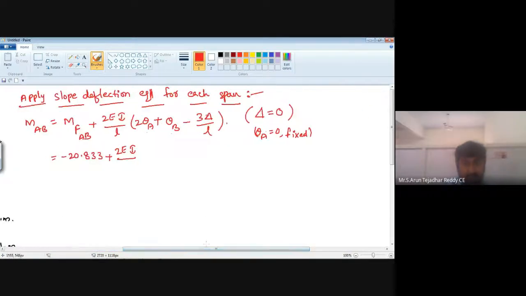That is 5 meter. Now here 2 into theta A, which is 0 because it is fixed, plus theta B is unknown.